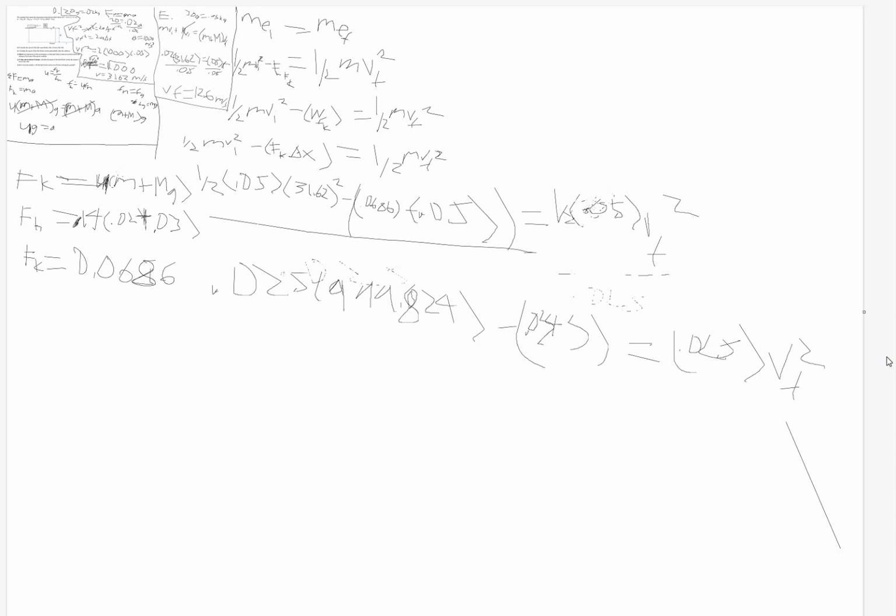So 999 times 0.025 is equal to 24.99561.